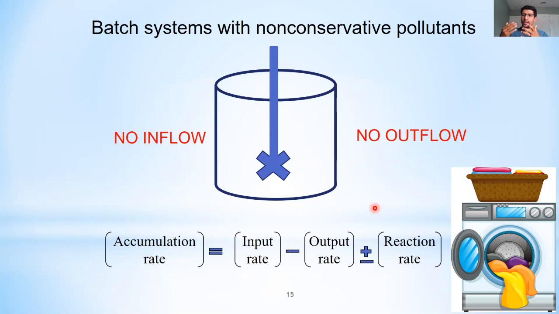Basically, we remove the greasy things or particles, and we have clean clothes at the end. So there is no input and no output, but we have some reaction going on inside the reactor. And it is completely mixed too, because it mixes during that time.